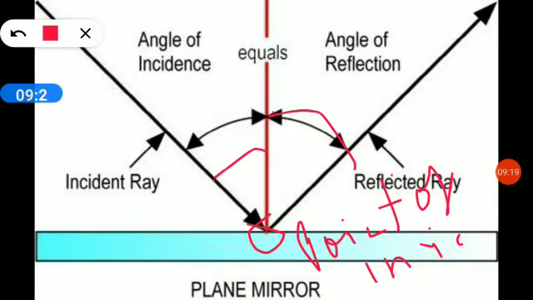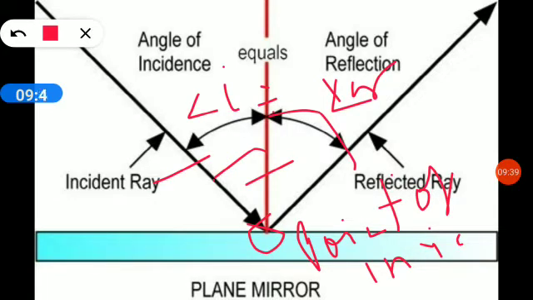Now, laws of reflection. The laws of reflection tell us that when light falls on a smooth reflecting surface like a mirror, it obeys the following two laws. First law: the angle of incidence, meaning ∠i, is equal to ∠r. They should be equal to each other. And the second law: the incident ray, the normal, the reflected ray, and the point of incidence, the reflecting surface at the point of incidence, and the reflected ray all lie in the same plane.